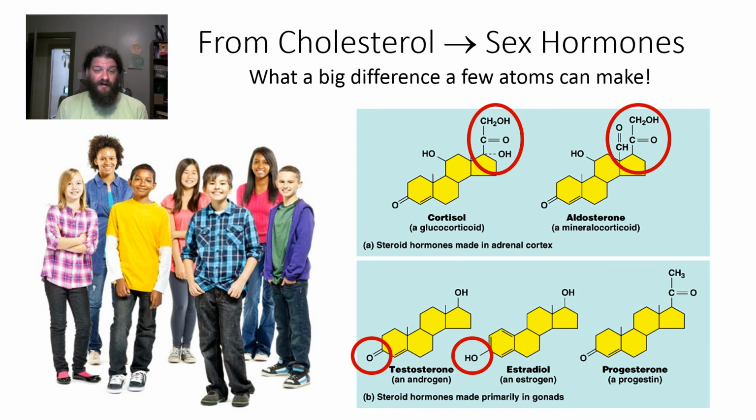A good example of the difference between the two. So there are several different functional groups that you're going to see hanging off of these cholesterol-based hormones and other compounds that are steroids.